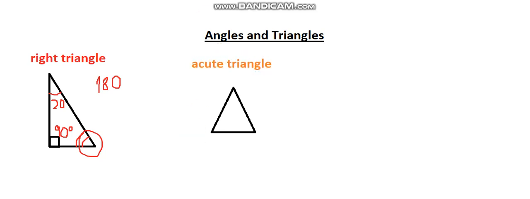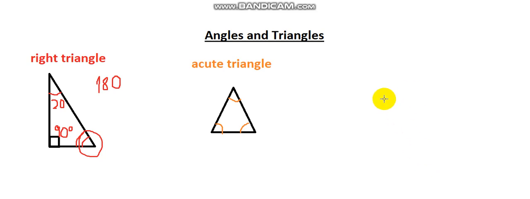The acute triangle has 3 acute angles. That means that all of its angles are less than 90 degrees. As you can see here, they are all less than 90 degrees, and obviously they are not obtuse.